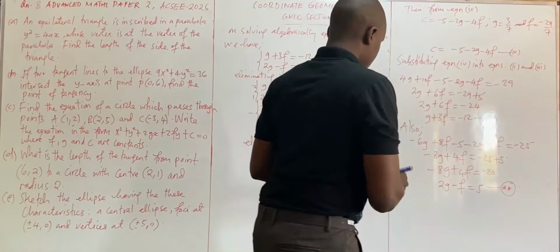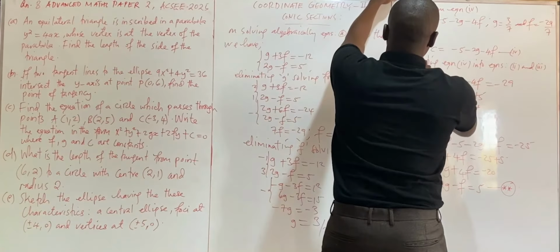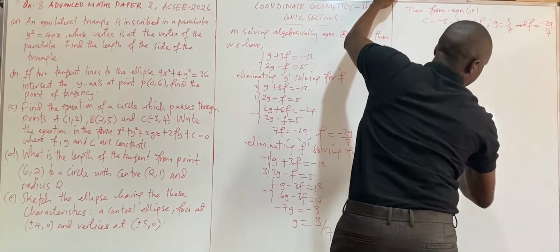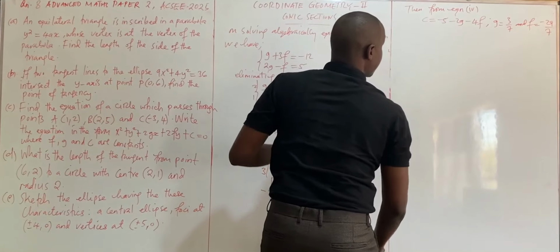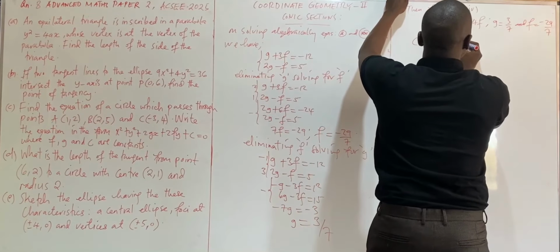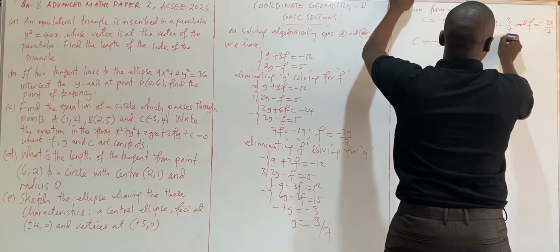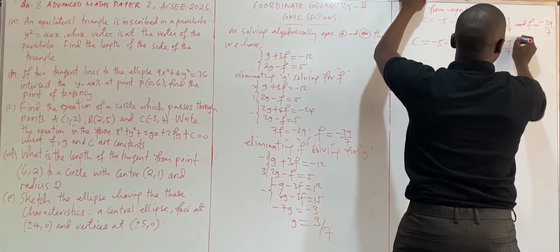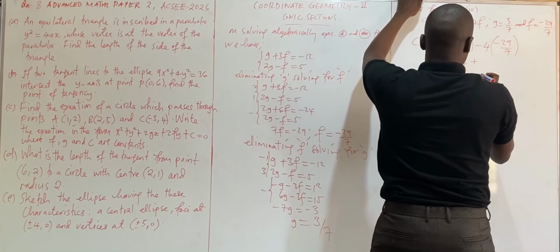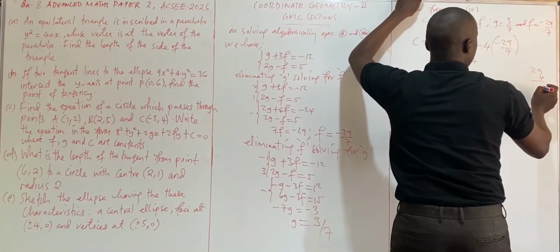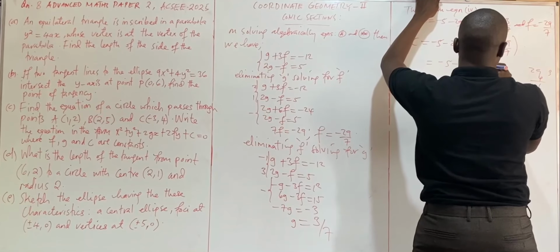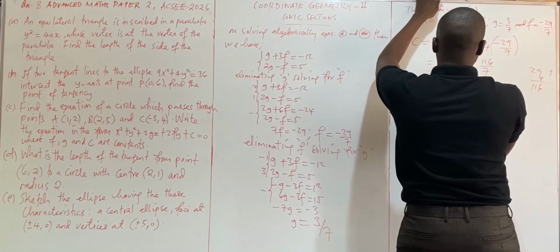So we plug them into equation 4 to obtain the value of the constant. On substituting, C is equal to negative 5 minus 2 brackets 3 over 7, minus 4 brackets negative 29 over 7. On operating, we get minus 6 over 7, and we plus 29 times 4, which is 116, over 7.